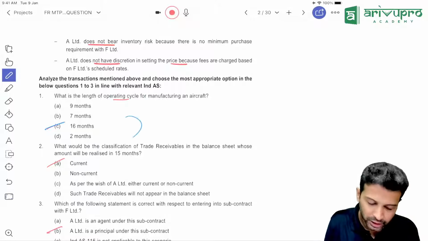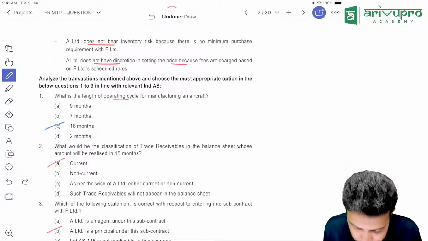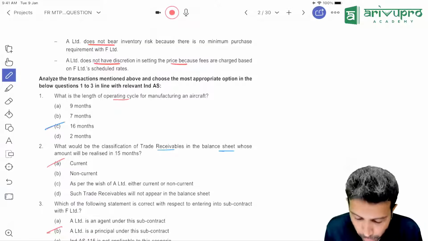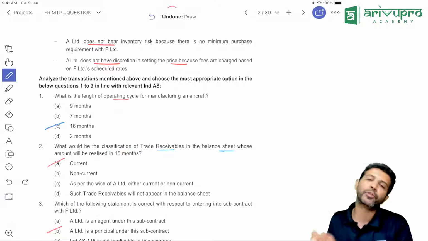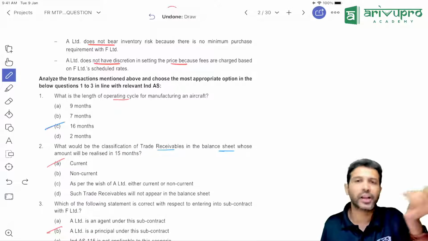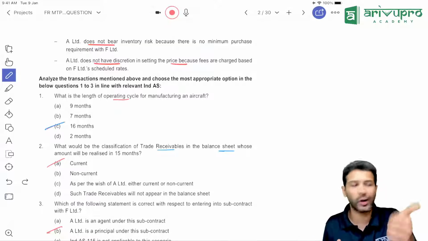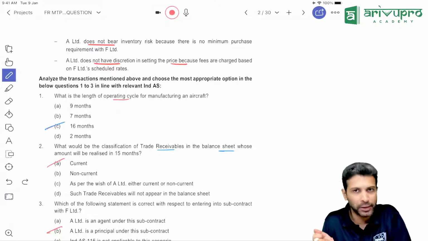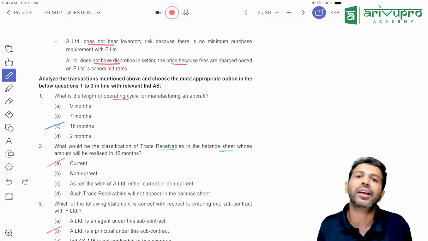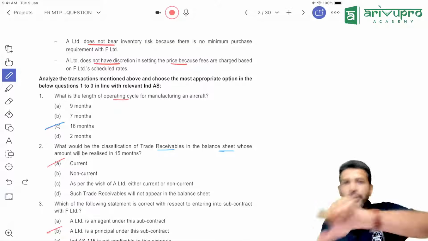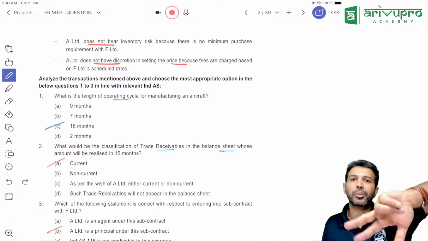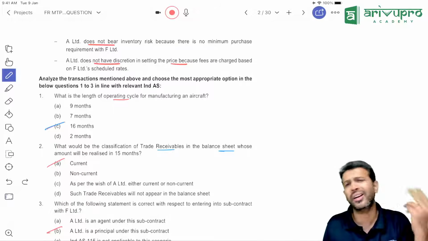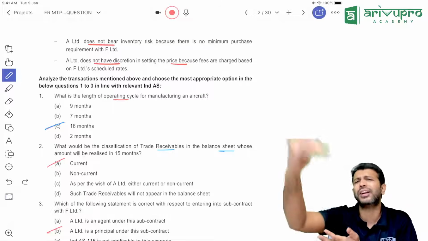Relating to this, they've asked one more question. How do you classify trade receivables in the balance sheet whose amount is expected to be realized within 15 months? Now we know there are various definitions of current asset. One is that it is cash or cash equivalent, or it is expected to be realized within 12 months from the balance sheet date, or it is expected to be realized or consumed within the operating cycle, or it is held for trading purpose.